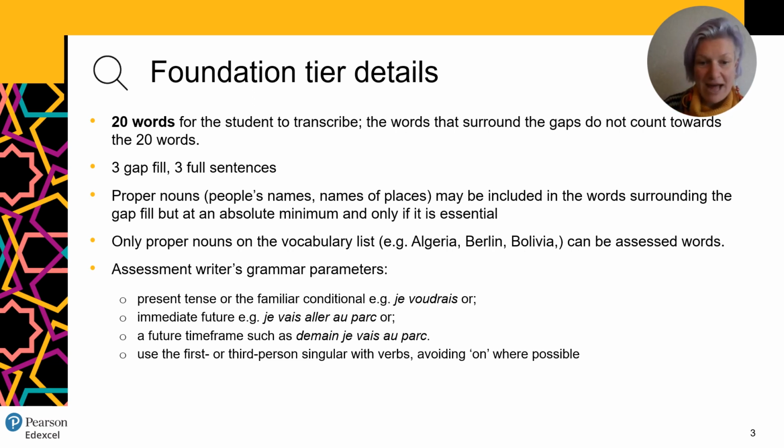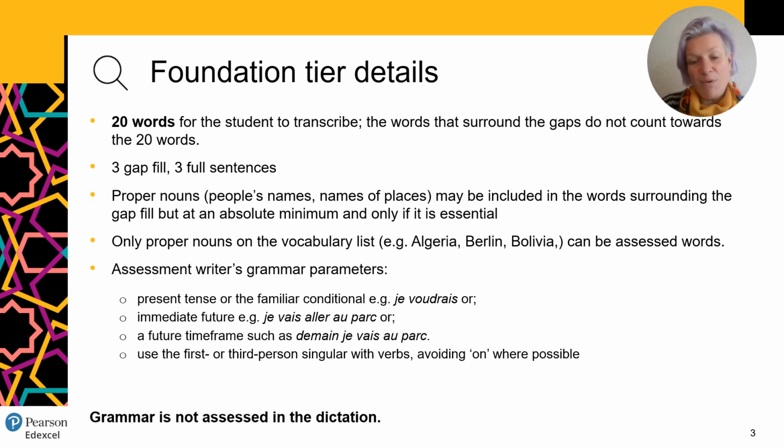It could use an immediate future. It could use a future time frame, such as the example we've got here, tomorrow I'm going to the park, and it will be presented in the first and third person singular with verbs, and we will try for French to avoid on where possible. That one is a little bit of a challenge in and of itself, isn't it?